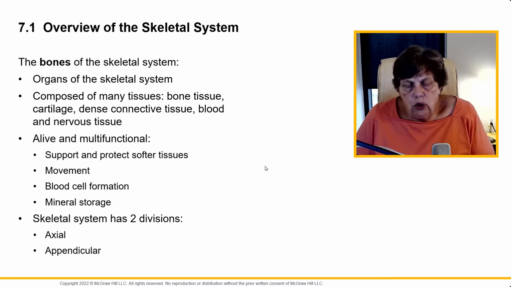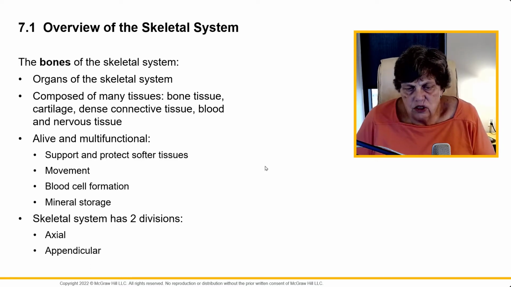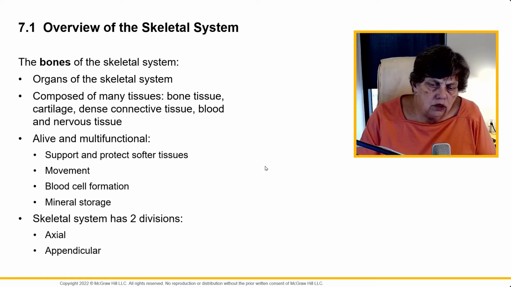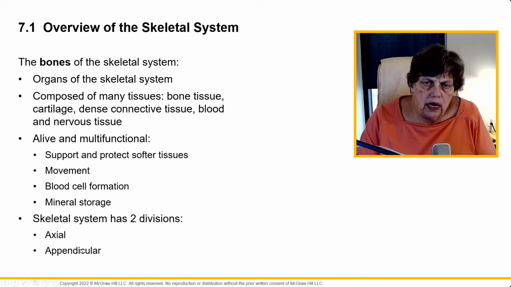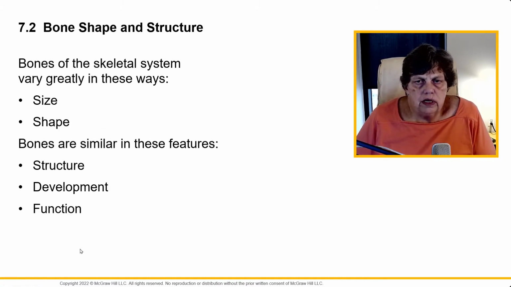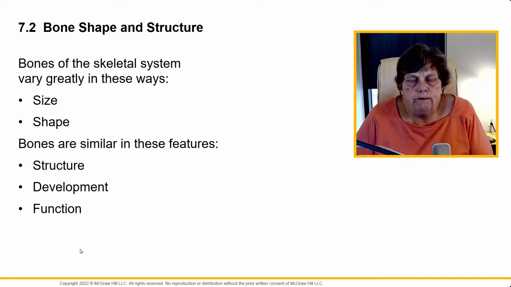It is our bone marrow where blood cells are formed, and as I mentioned, it is the storage of several minerals. The skeletal system has two divisions, the axial and the appendicular skeletons, and we will look at those separately because it's just easier to do it that way.